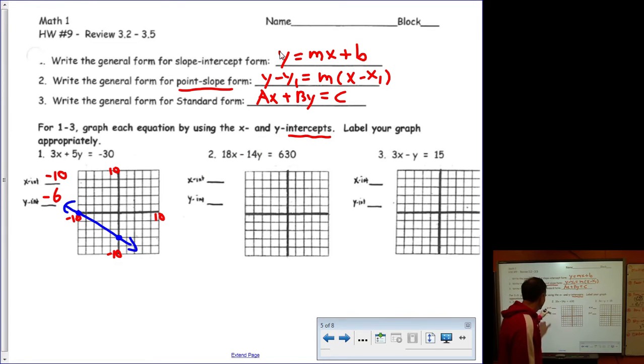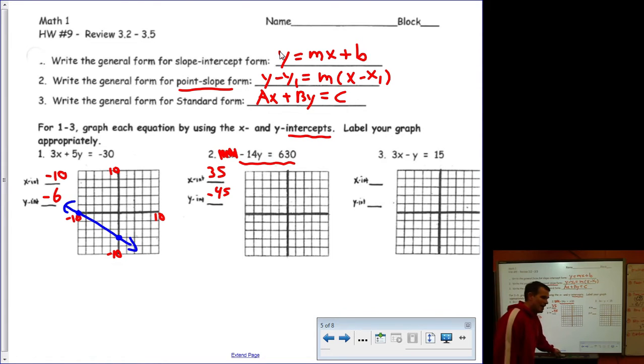So the x-intercept is 35. I would get the y-intercept by putting 0 in for x. And I would solve that by dividing both sides by negative 14. And that's going to be negative 45.